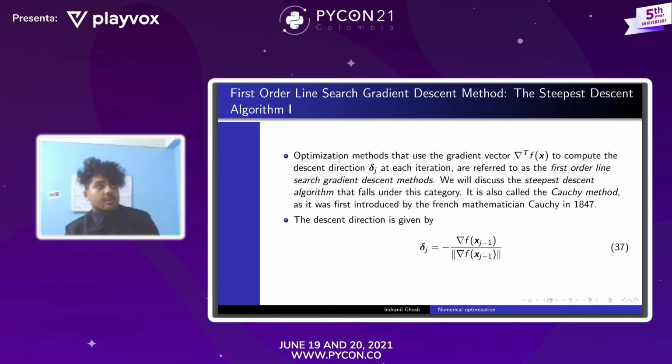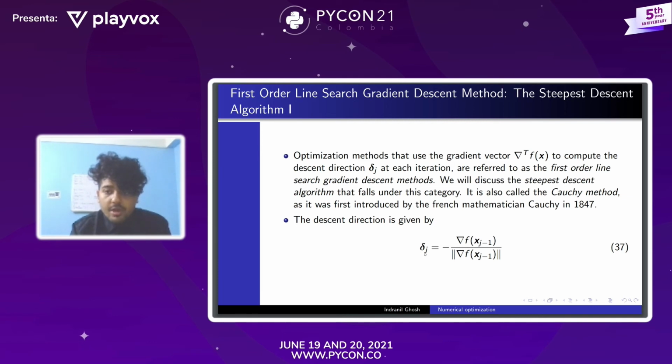Now that we have calculated the step length, we just need to find the descent direction, and for that we use this simple formula that uses only the gradient of f at x_{j-1}.